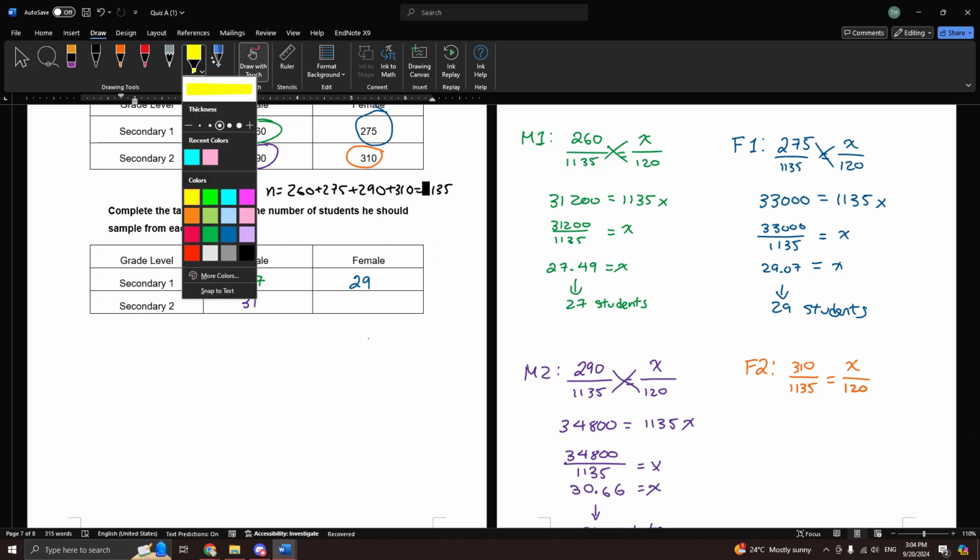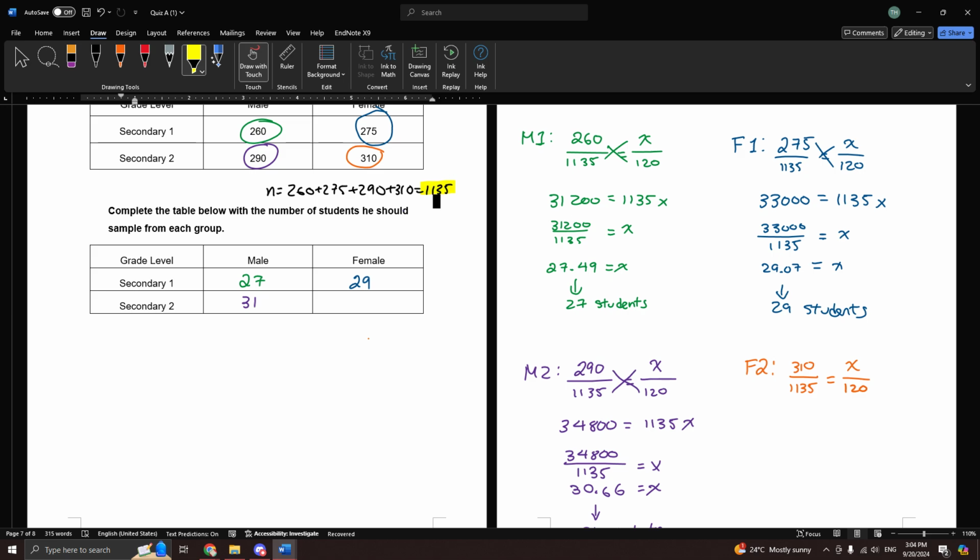Now, before I continue, I just wanted to bring your attention to the fact that if you look at the population size here, 1135, you'll notice in every equation on the left side, in the denominator, which is the thing on the bottom of the fraction, it's always the same, right? No matter what strata I'm calculating for, the population size does not change. Just because I'm trying to find how many female students I'm going to sample, the population won't change.